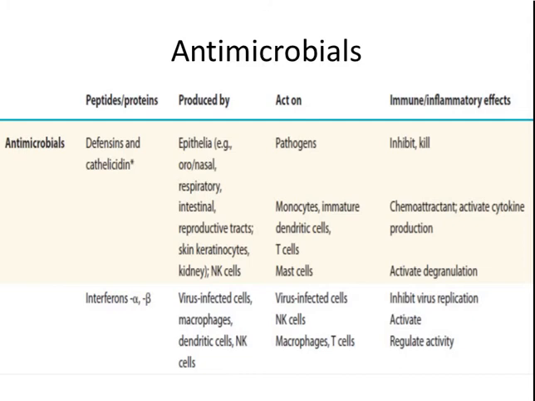In some cells like mucosal and glandular epithelial cells, skin keratinocytes and natural killer cells, the expression of these antimicrobial peptides is induced or enhanced by signaling through pattern recognition receptors, particularly toll-like receptors. Macrophages do not produce these antimicrobial peptides.